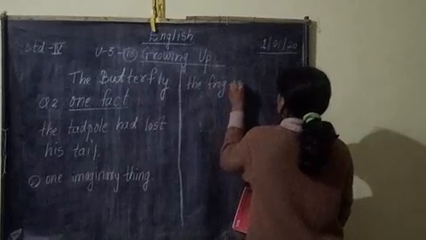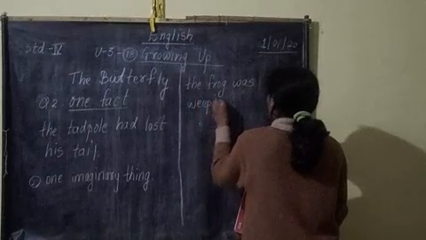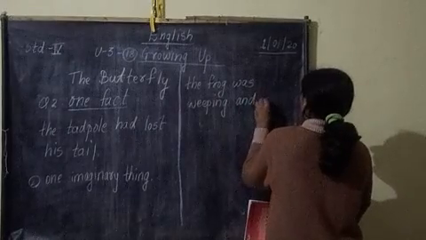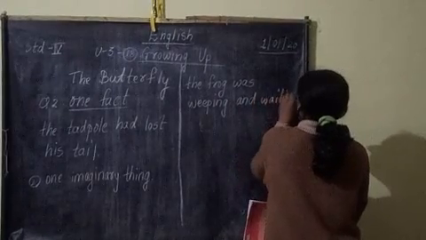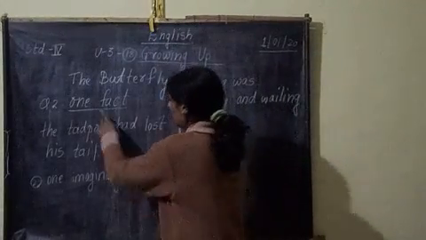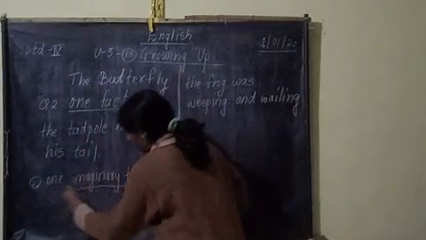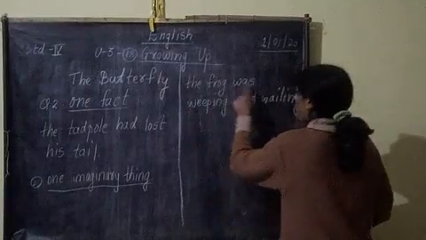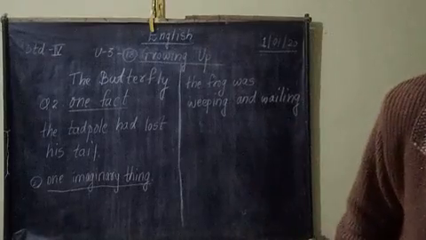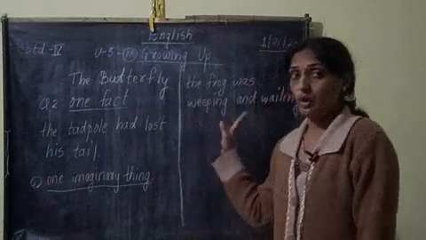This is an imaginary fact. There is one fact that the tadpole had lost his tail, and the one imaginary thing is that the frog was weeping and wailing. Understood? These 2 answers you have to complete today. Question number 1 you have to find out from Google and write down, and question number 2 you have to write down from the board.